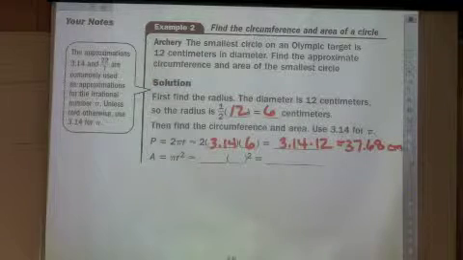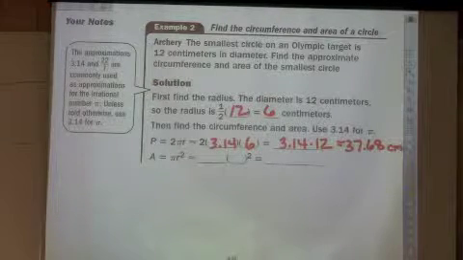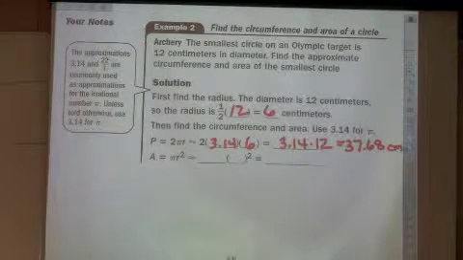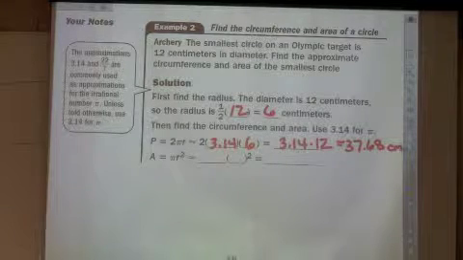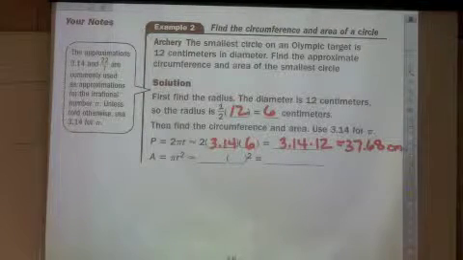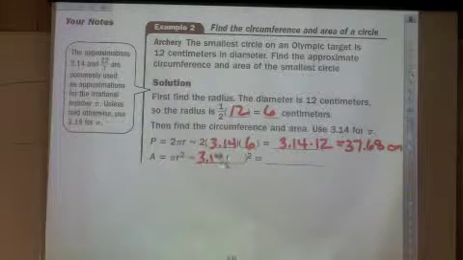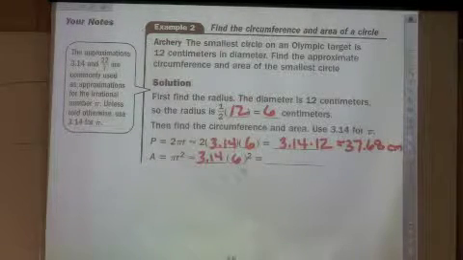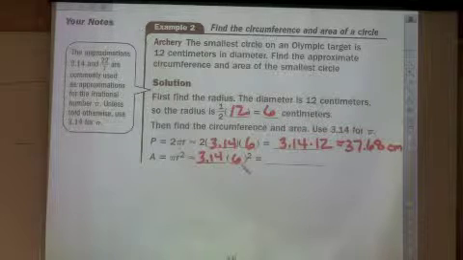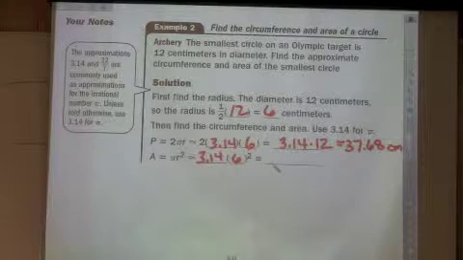Square centimeters, okay? What are we going to plug and chug for our area of the circle? Donnelly, what do you think? 3.14 times 6 squared. Yep, radius was 6, so pi times radius squared, 3.14 times 6 squared. So you've got 3.14 times 36.